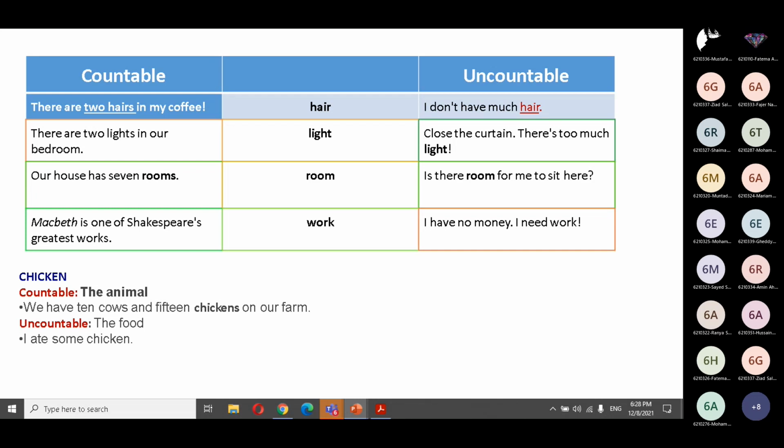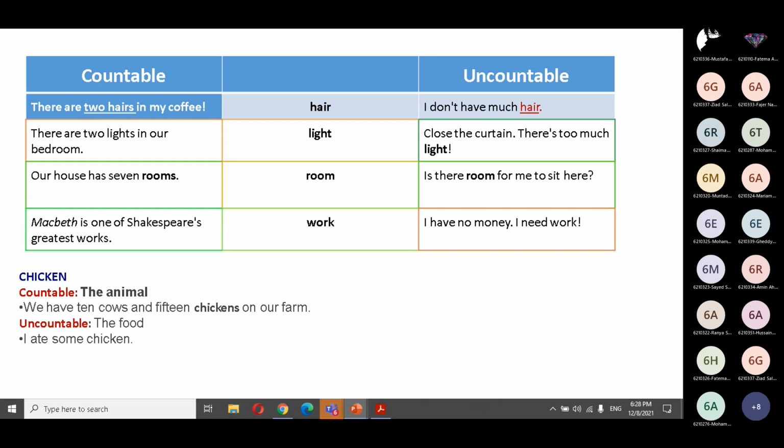So here when we use room in this meaning, it is uncountable. So it depends. If you use room as in our house has 7 rooms, it's countable. But if you use room to mean space, is there room for me? Is there a space for me to sit here? So here it's uncountable.